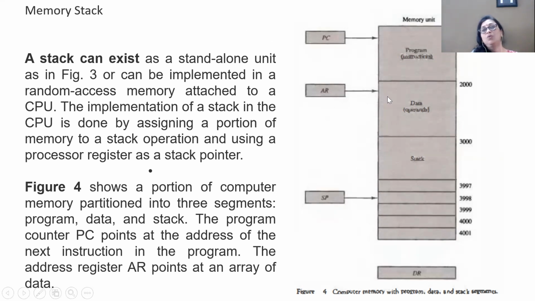The address register holds the address of the data, and the stack pointer holds the address of the top element of the stack. So this is how the stack is implemented in the form of memory in the RAM of the CPU. Otherwise, all remaining operations of the stack are similar to those of the register stack.